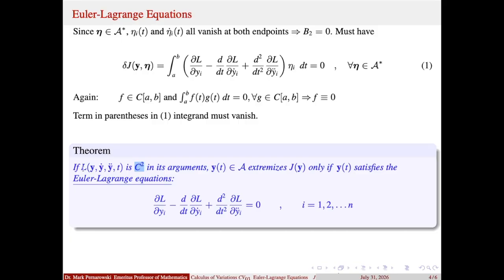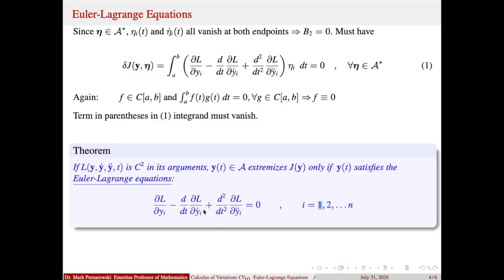If it's that smooth and y of t in A extremizes J, then the necessary condition is that y of t satisfies this new Euler-Lagrange equation. It's actually equations, because the y's may have many components. They may have one component, which is the example I'm going to give.